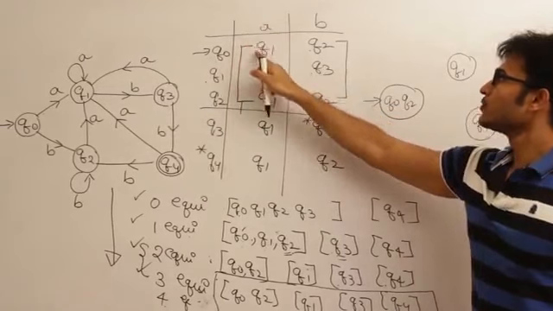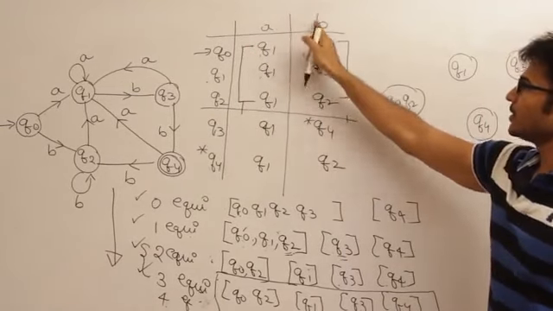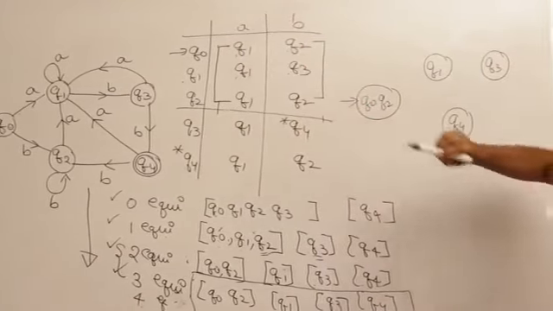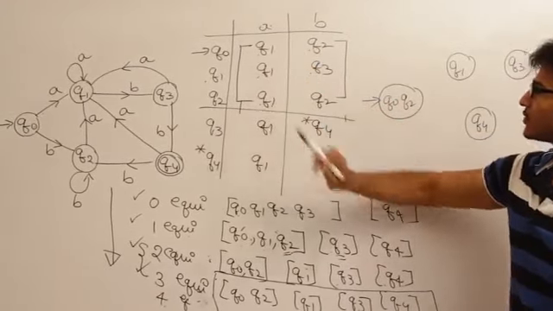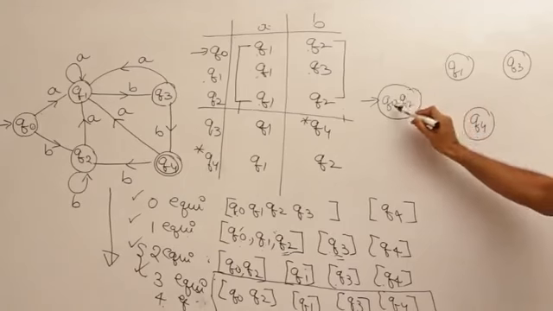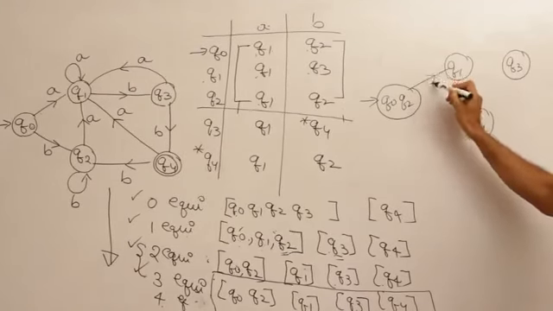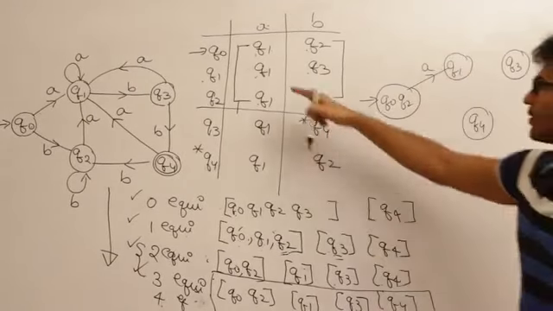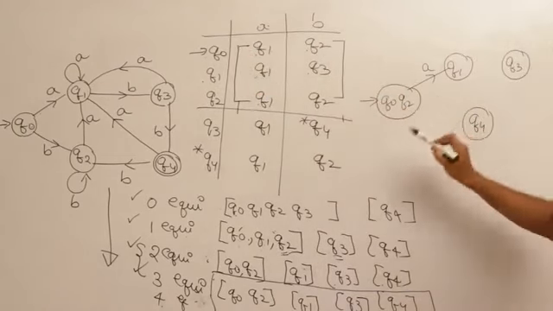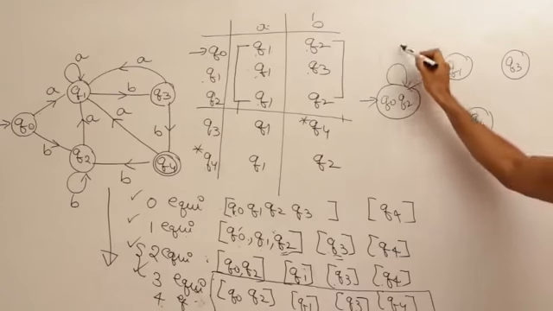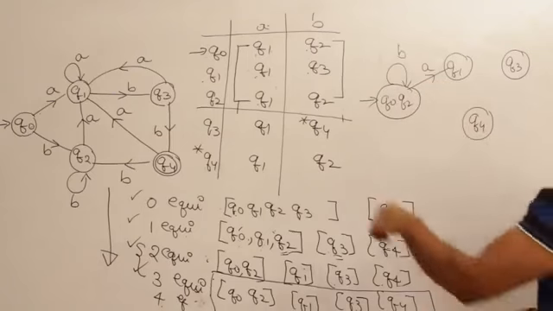Q0 on A is going to Q1 and Q0 on B is also going to Q1 only. Q0 on A is going to Q1 as well as Q2 on A is going to Q1. Therefore, Q0 or Q2 on A is going to Q1. Now, Q0 or Q2 on B is going to Q2 only. So, on B, check this.